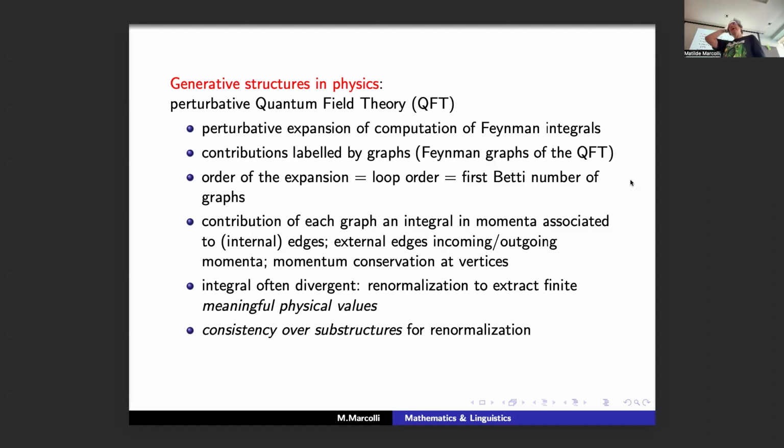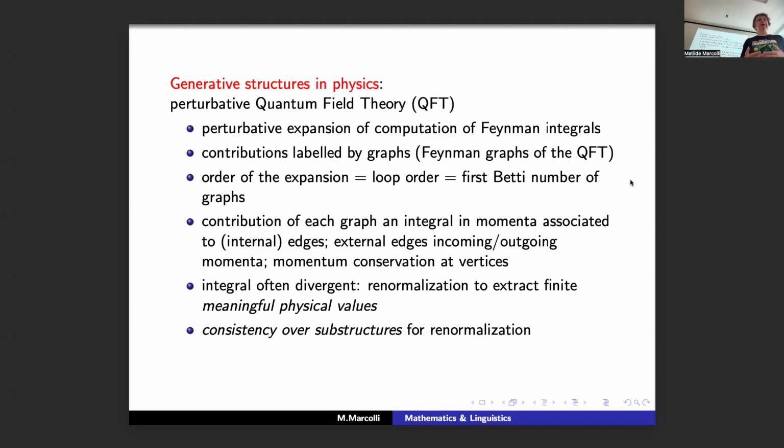But essentially, at the level of actually doing calculations, it often boils down to a perturbative expansion where the calculations are done order by order in a formal series, in powers of the quantization parameter h bar, and the powers depend on a certain grading of combinatorial objects.